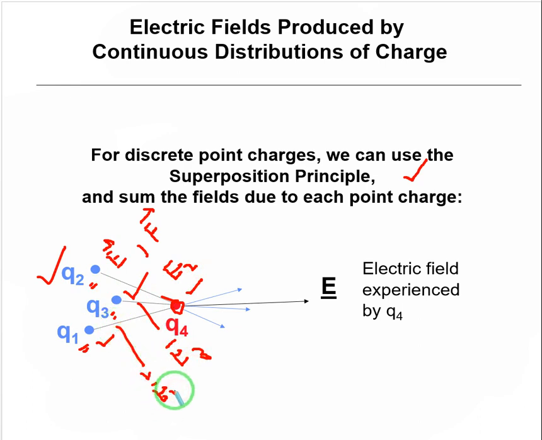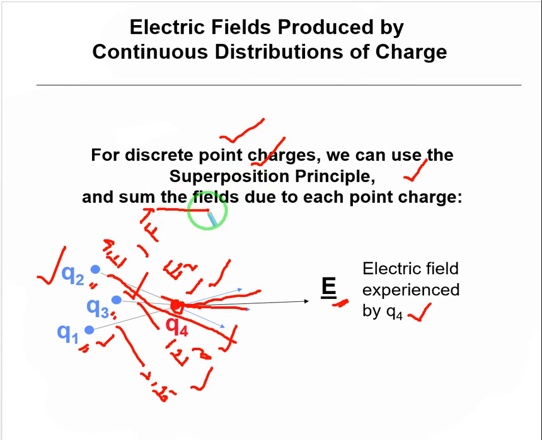What we do in this superposition is just add all these electric fields. Each will have its own electric field direction, and q4 has its own electric field. So this is the electric field experienced by the q4 charge. So apply the superposition principle to the discrete point charges, and then just sum all the field lines.